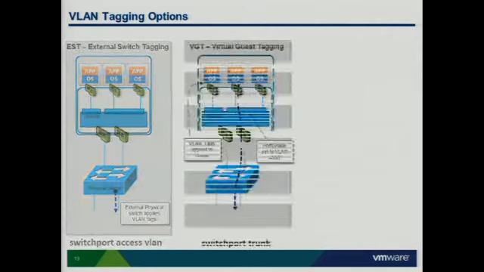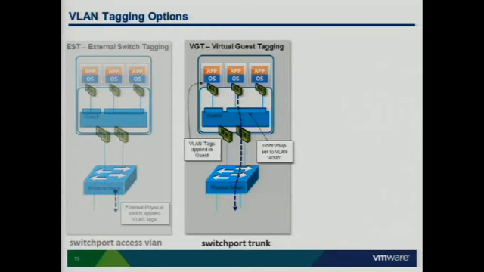The next type available is virtual guest tagging. The tagging there is done within the virtual machine guest operating system, so we apply the VLAN tags there. It's specific to the Windows driver versus the Linux driver to configure and set that up. I don't normally see that as a common configuration in virtual environments, but it's available for you to use if you need to.